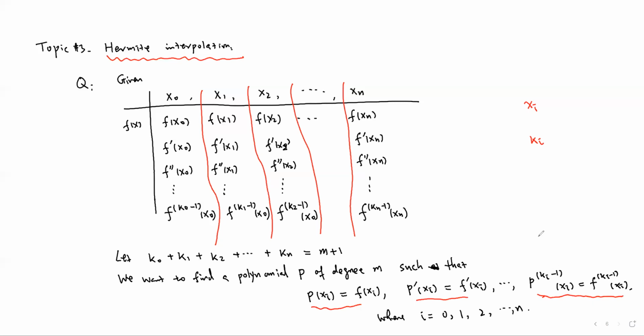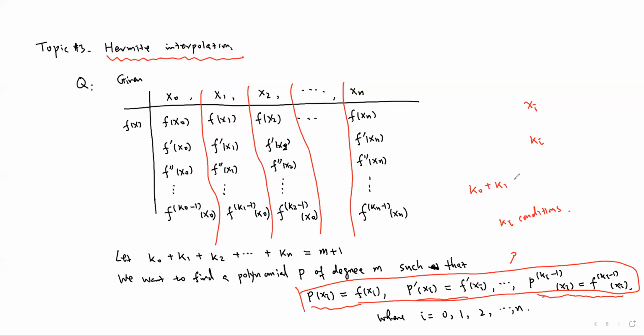So here in total, ki conditions, i is from 0 to n. So in total, K0 plus K1 plus K2 plus Kn, so many conditions.